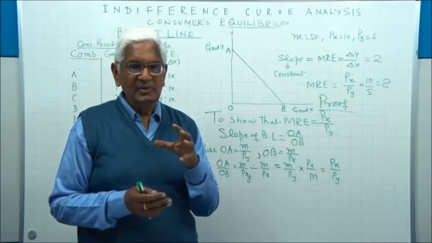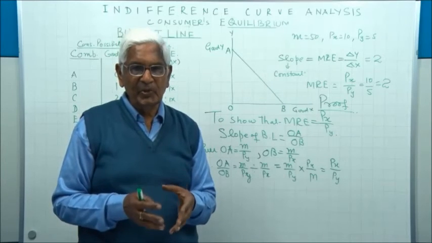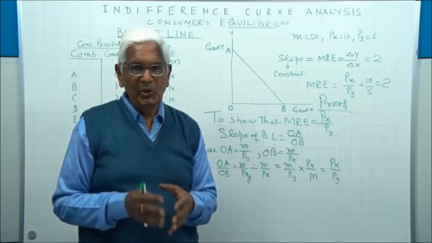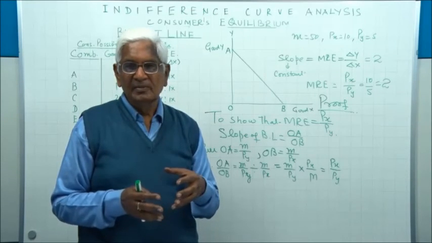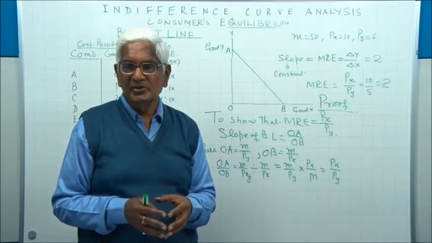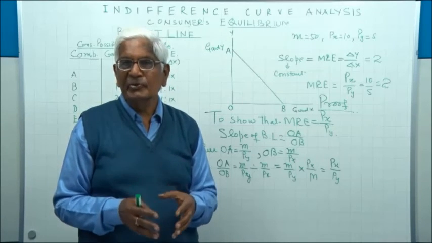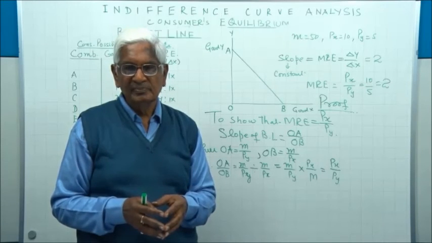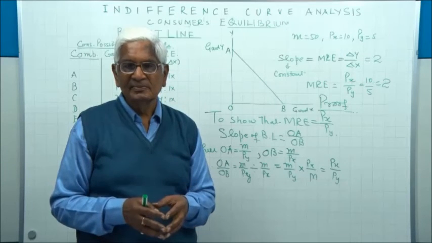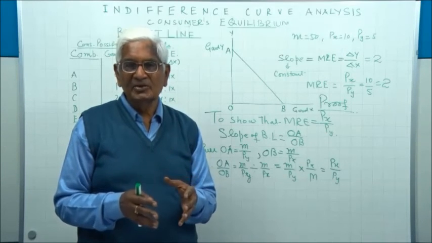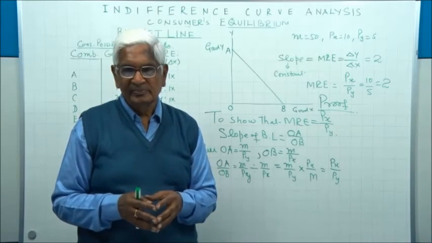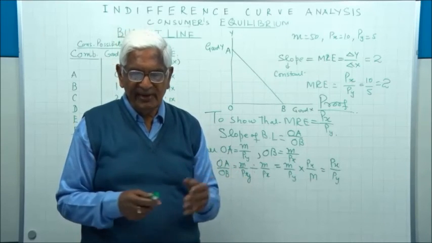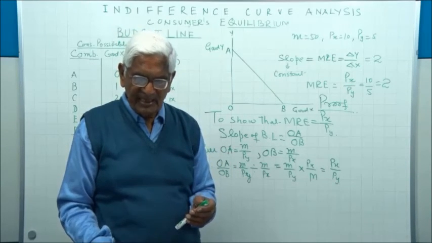Repeat. Locus of different points, with each point showing combinations of the two goods which the consumer can afford from his given income, assuming that he or she spends the entire income on the two goods. This is how we can define this budget line.